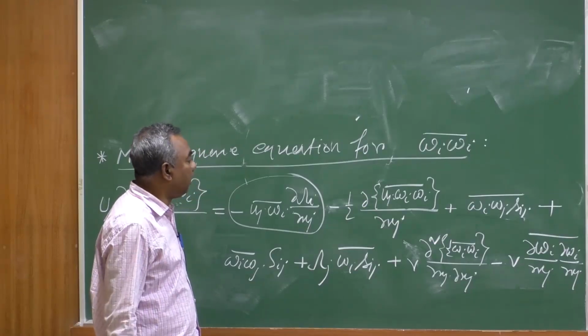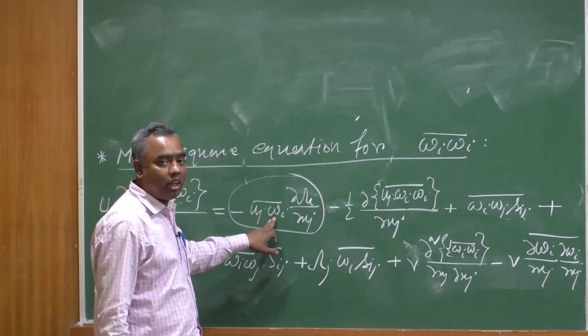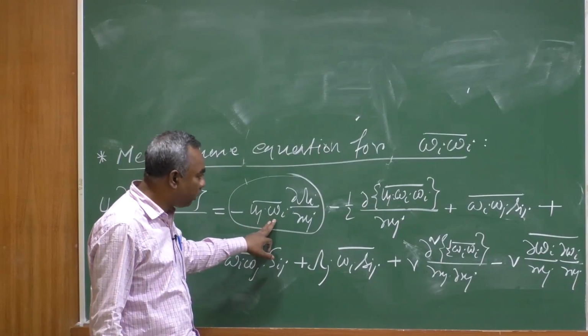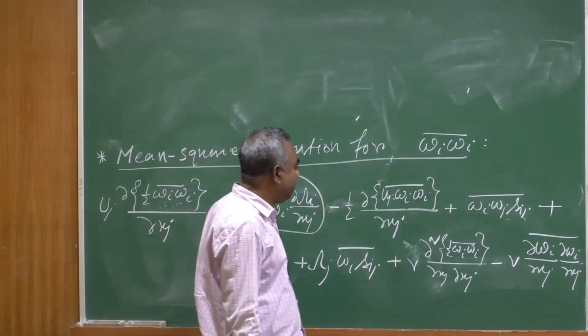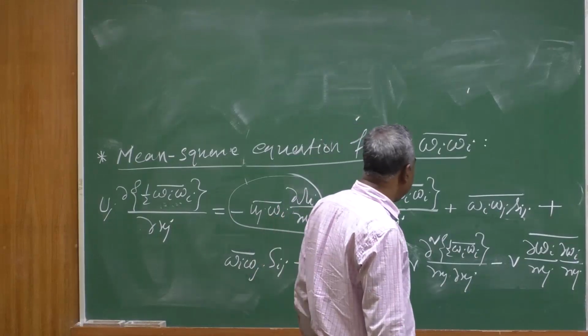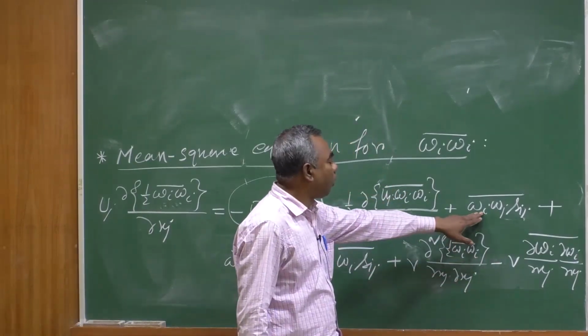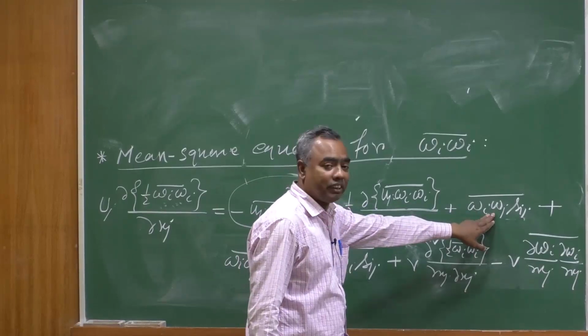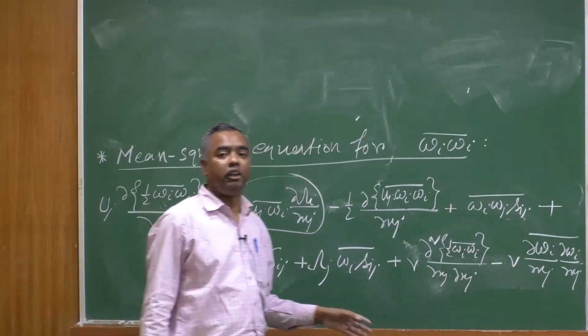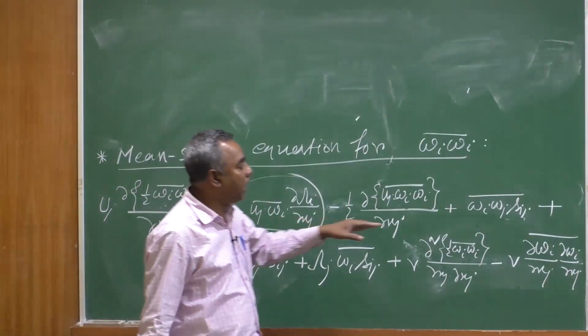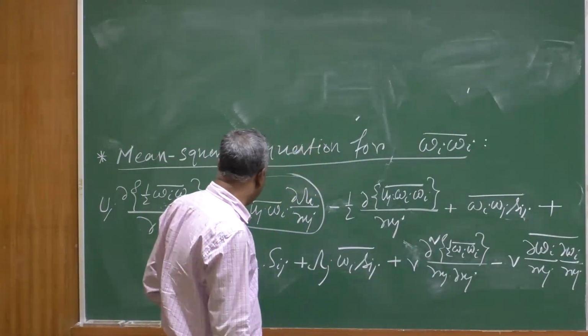And the order of this particular term we have already said can be written as u_t squared by L, gradient of Reynolds stress. That is perhaps possible, but we do not know the order of omega_i into omega_j. Although we may know omega_i into omega_i, what is the order of omega_i into omega_j, that also we have to figure out.